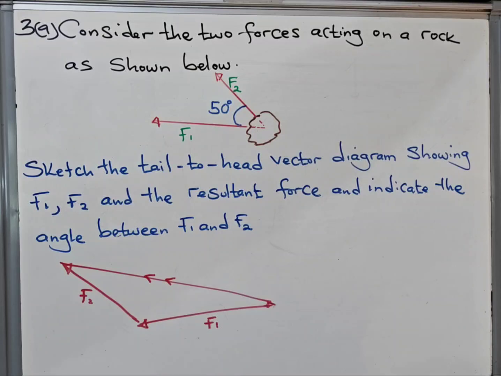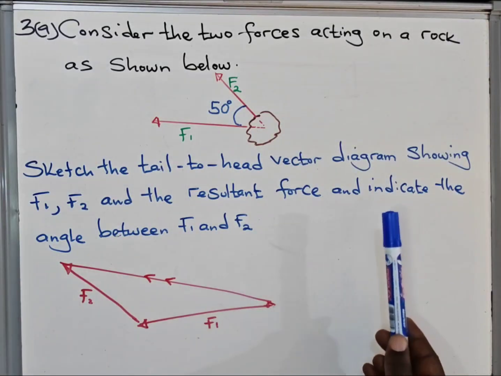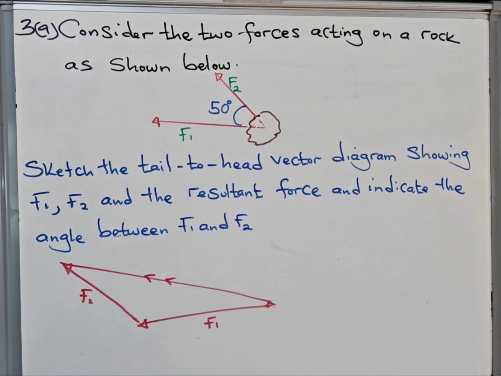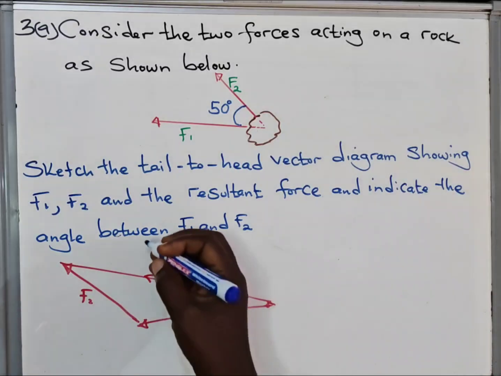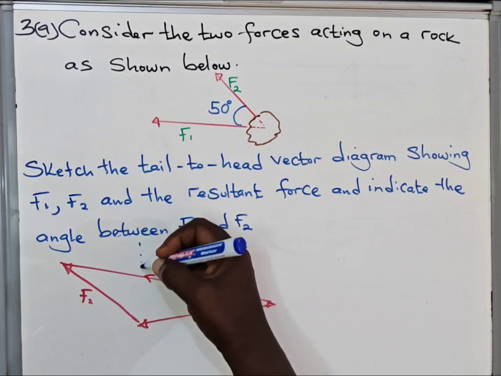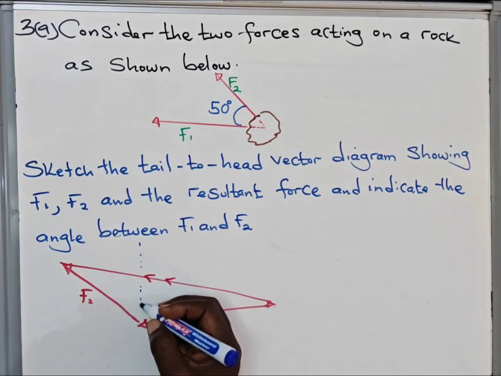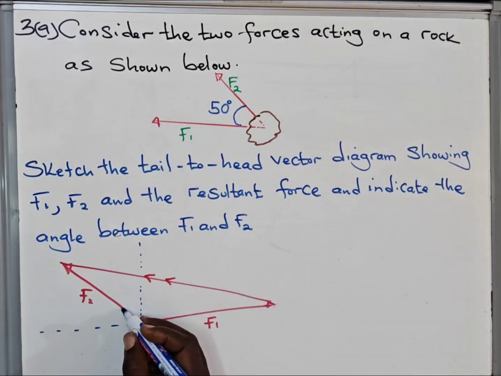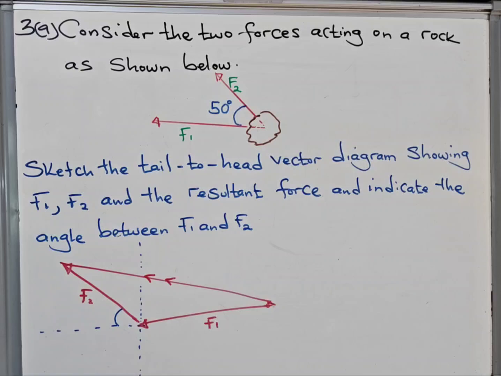Then we come to the second part where they say indicate the angle between F1 and F2. How do you go about that one? Here we need to practice some geometry, just that. If you draw a line here, a vertical line, and you also continue with this line, you are going to discover that this angle here is the same as what we had there.